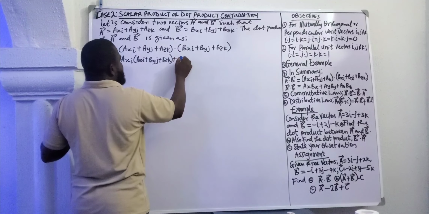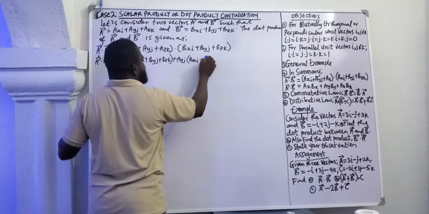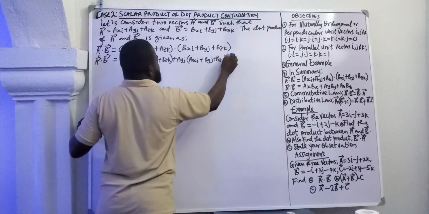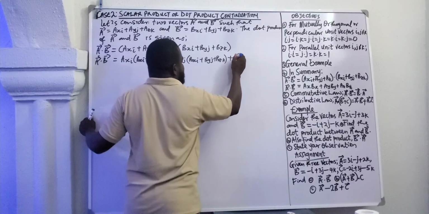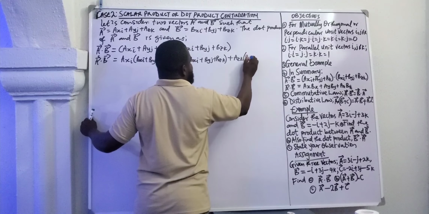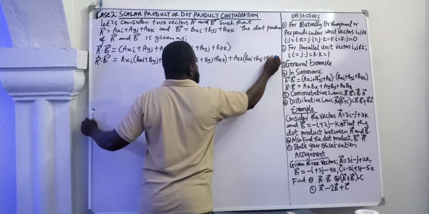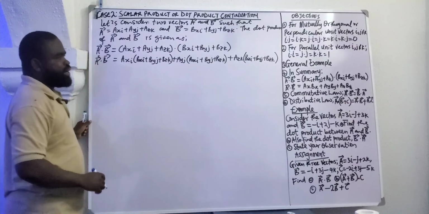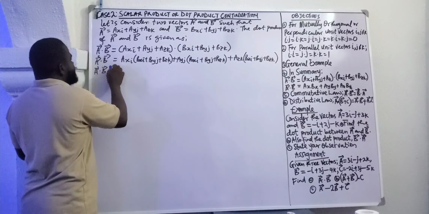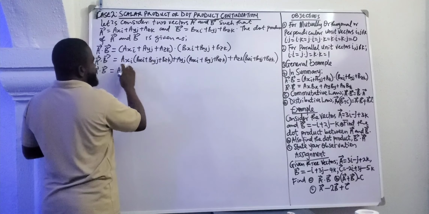Plus AYJ, multiplying everything, BXI, BYJ, BZK, plus AZK, multiplying everything here, AZK multiplying BXI, BYJ, BZK. So we're going to open the bracket. That gives us vector A dot vector B equals AX times, this is scalar multiplication.